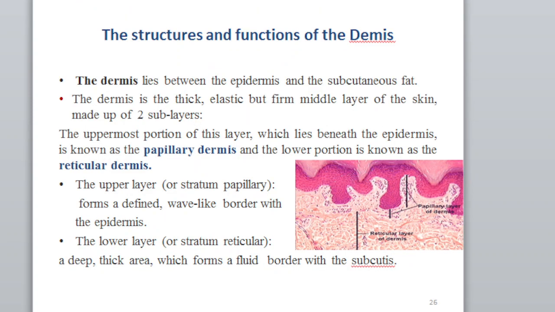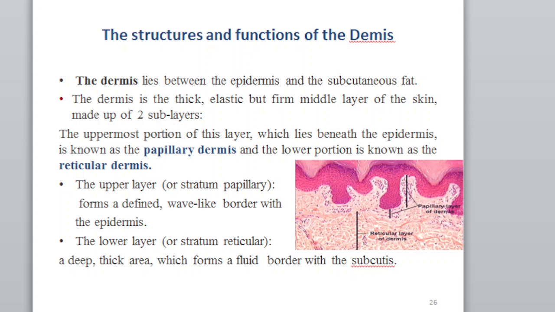Next slide. The structures and functions of the dermis. The dermis lies between the epidermis and the subcutaneous fat. The dermis is the thick, elastic but firm middle layer of the skin made up of 2 sub-layers.